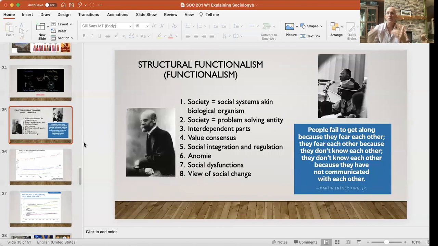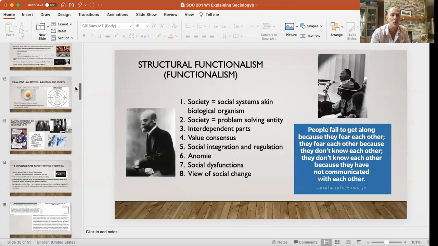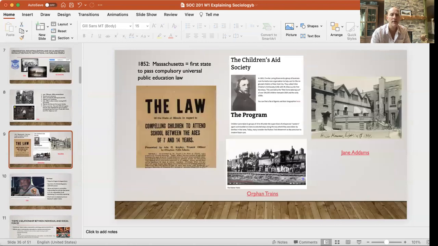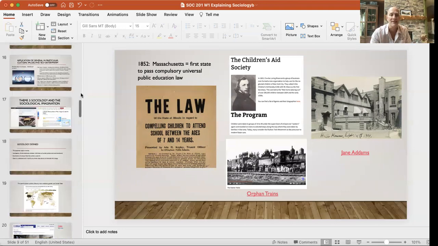Kind of real fast, going through functionalism. Think about society as a biological organism. Society is a problem-solving entity. If I were to go way back, orphan trains developed, compulsory education laws developed in response to problems that were going on in society itself.